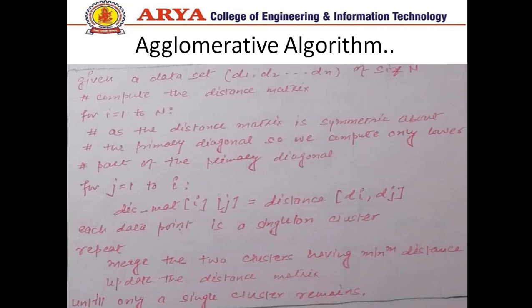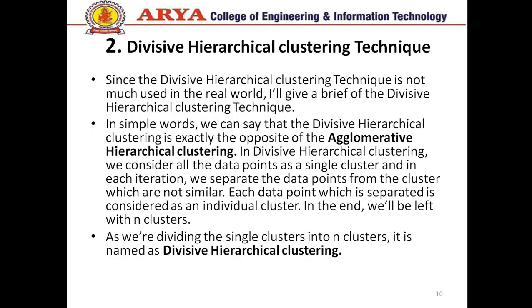We have a given data set with elements D1 to Dn. We compute the distance matrix in the first step, and we apply a loop from 1 to n. As the distance matrix is symmetric about the primary diagonal, there is no need to consider half of the matrix.